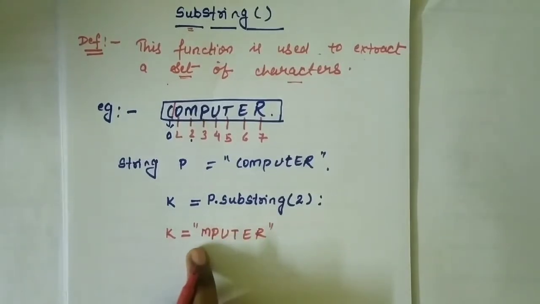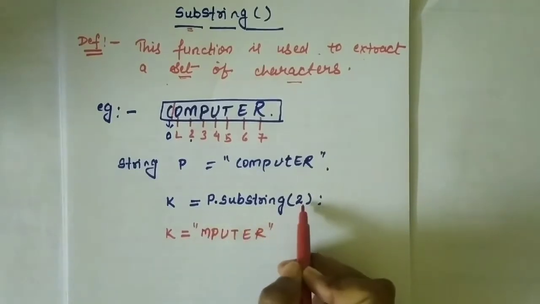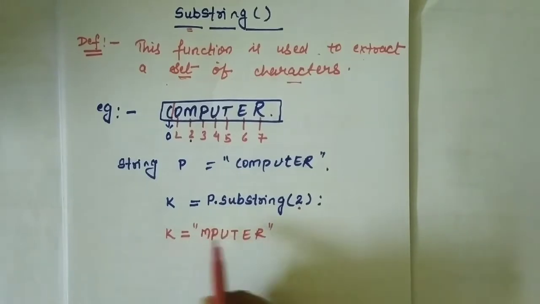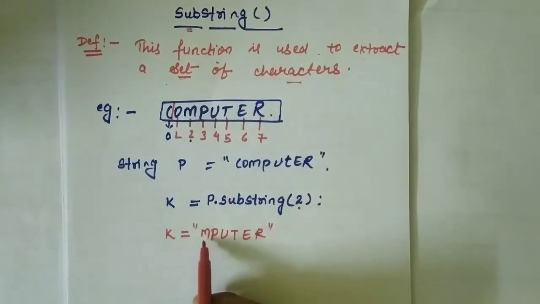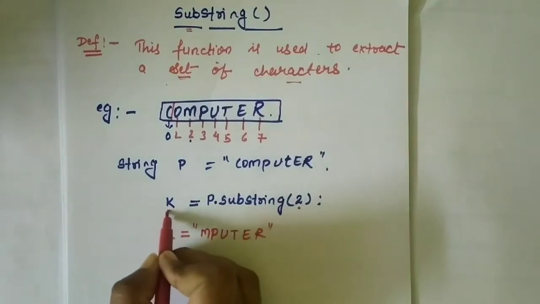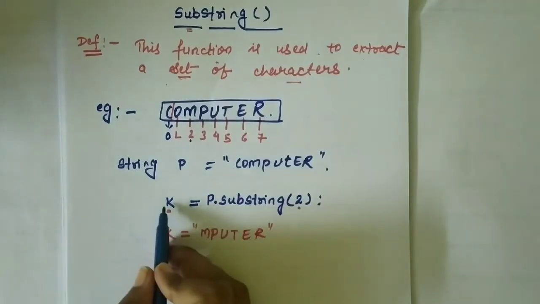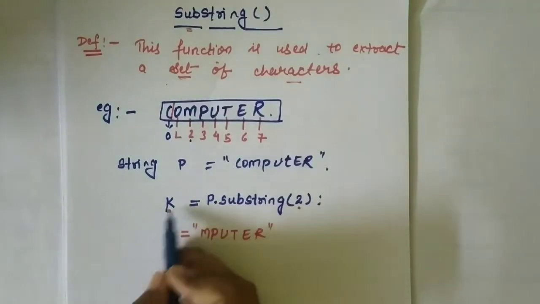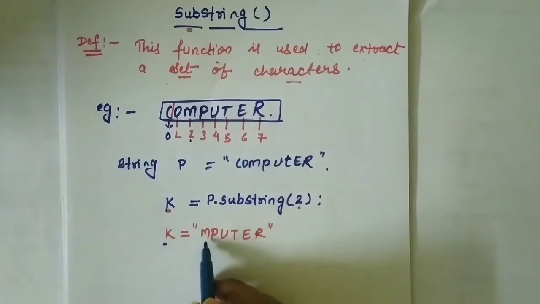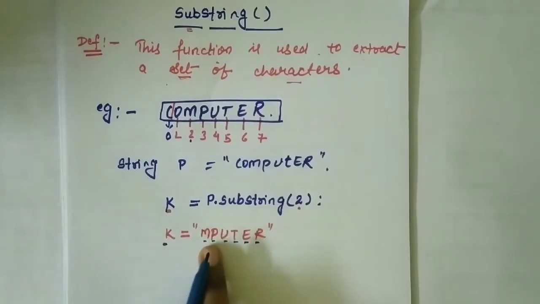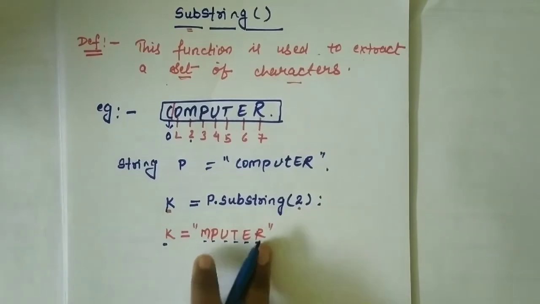The position of M is 2. That's why the k variable stores a string starting from the second position. And what is the data type of k? The data type of k is string, because this k variable stores more than one character, a set of characters.